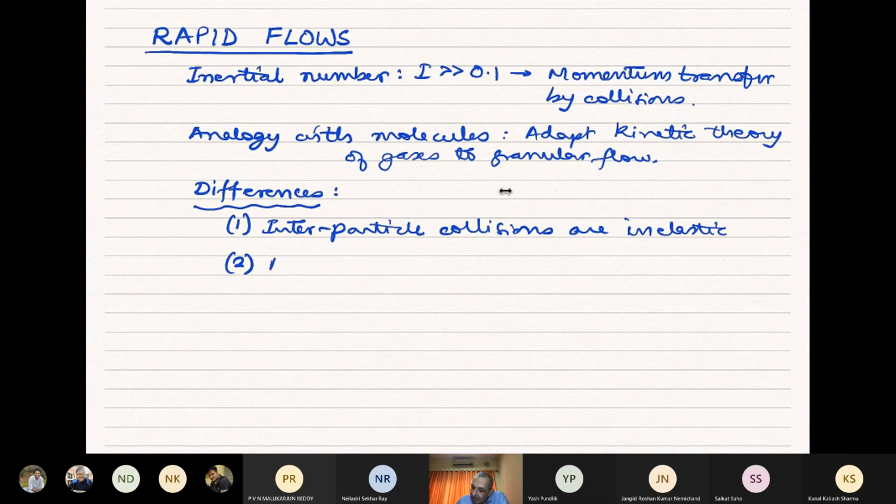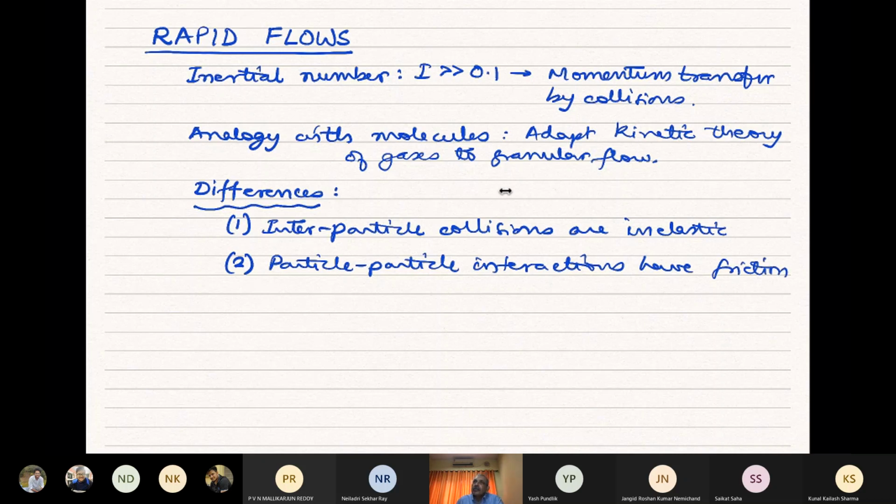The second thing is that particle-particle interactions have friction. And really there's no force like that between two molecules. So this is a very unique kind of force. And then the third thing is, of course, the size.